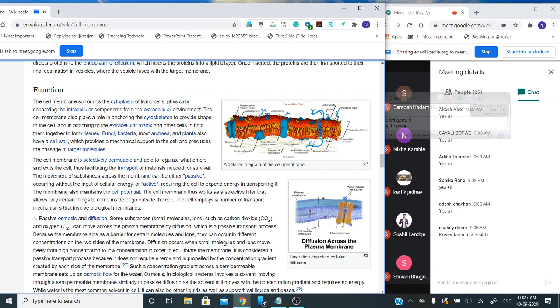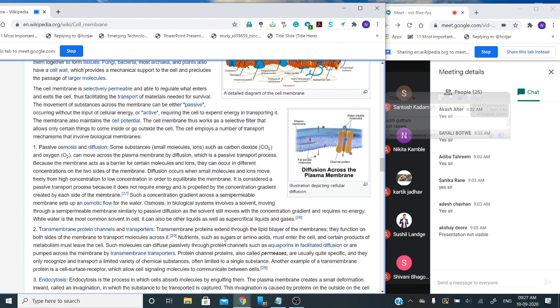Fungi, bacteria, and other cells have a cell wall. It provides mechanical support to the cell, and it precludes the passage of larger molecules. The selective permeability is very important so that obnoxious chemicals will not enter. It regulates this, and thus various types of transport are seen. Large molecules which don't have a pore cannot be transported, except through active transport.